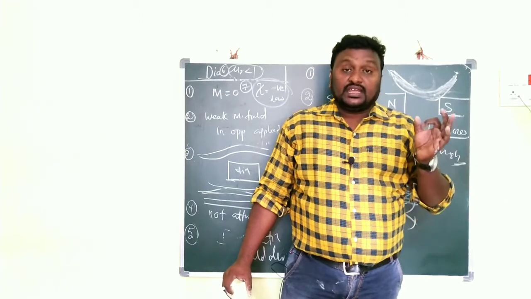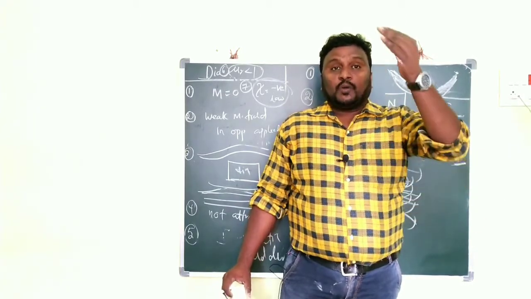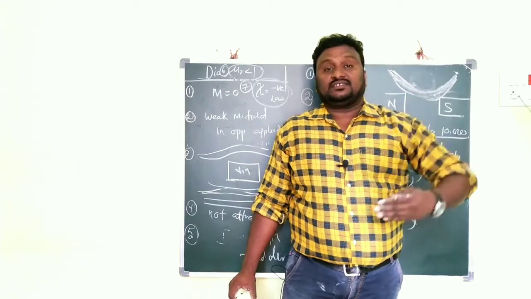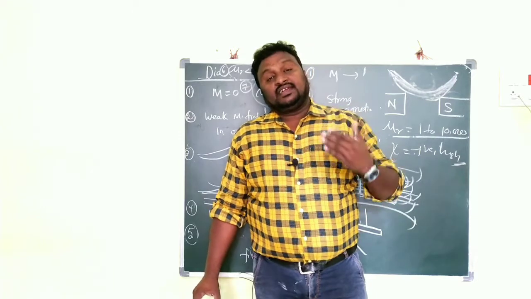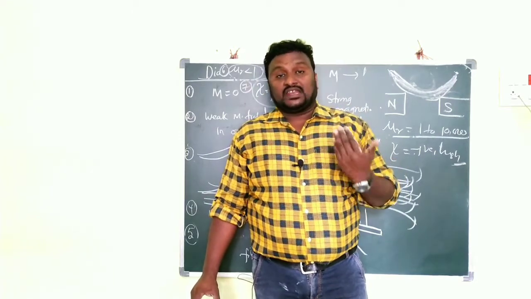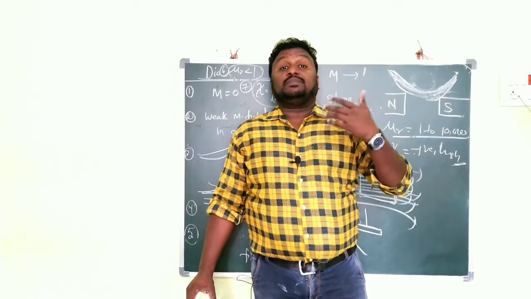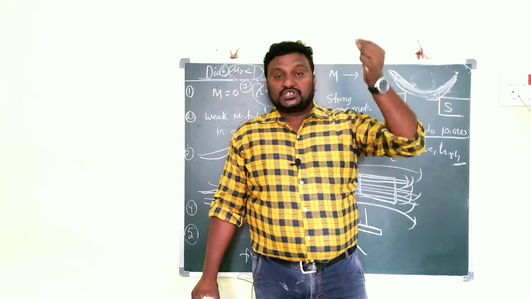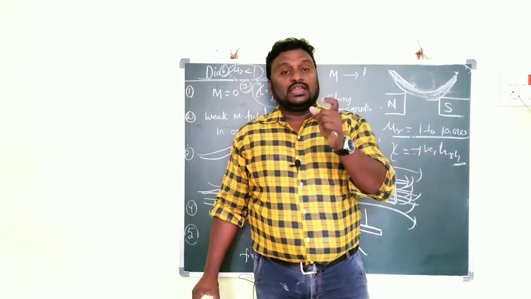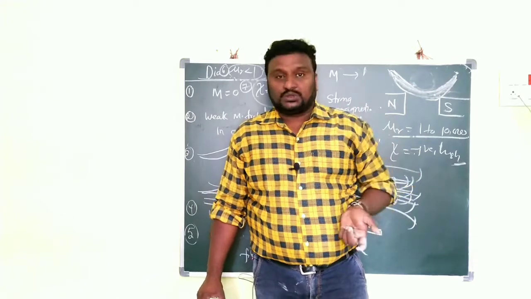And children, in this case you have to remember one thing. When we drop a magnet from a certain height, it loses its magnetic nature. Likewise, when we heat a magnet, its magnetic nature decreases.